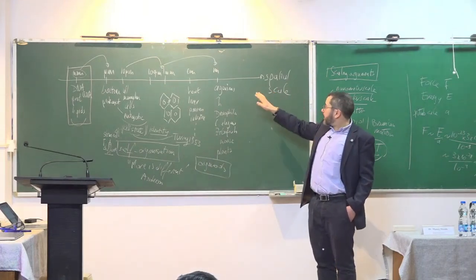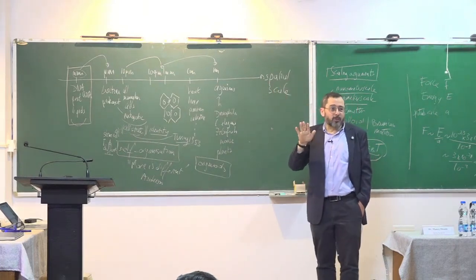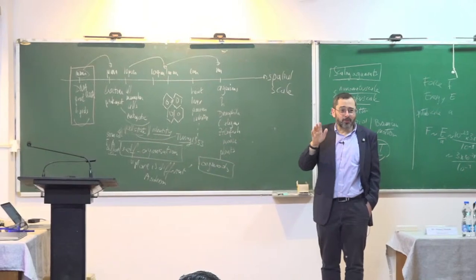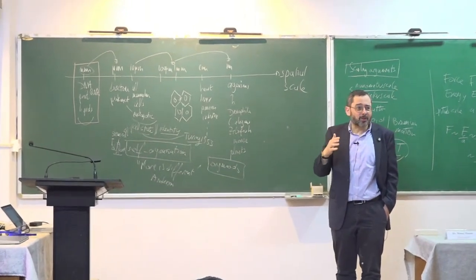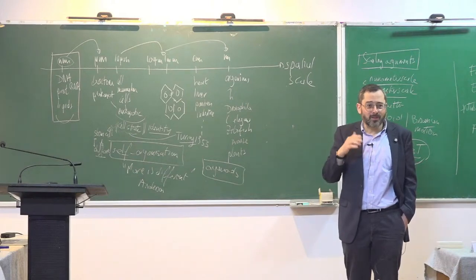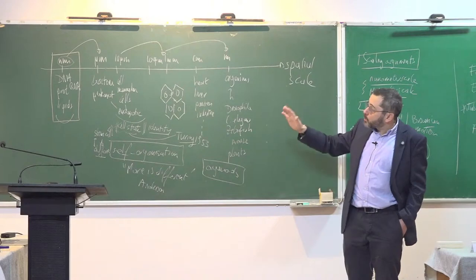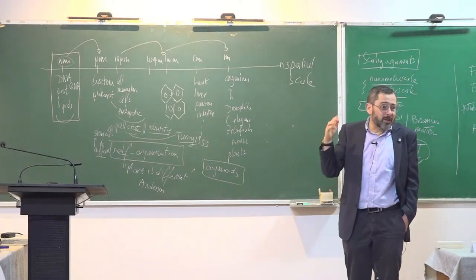This is essentially a spatial scale with very minimal information. Of course, I invite you to read introductory books about the basics of the cell, the compartments of the cell, the molecular components of the cell. But in terms of general vision, it's one way to present it, just bearing in mind the scale.